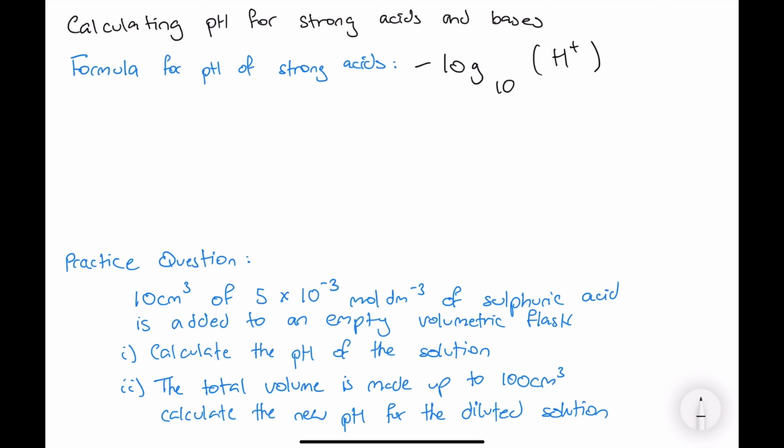But if it's diprotic, you have to remember you are releasing double the amount of hydrogen protons, so then you have to times that concentration by 2. If they don't give you the concentration of the hydrogen proton, just remember concentration is moles over volume, and volume is always in decimeters cubed. So usually they'll give you enough information for you to calculate the concentration if it's not already given.